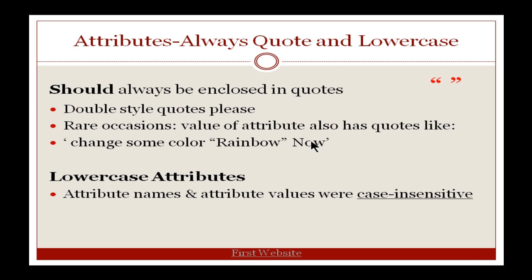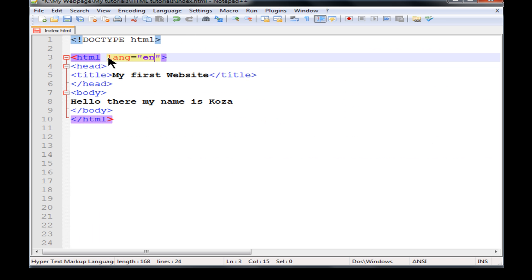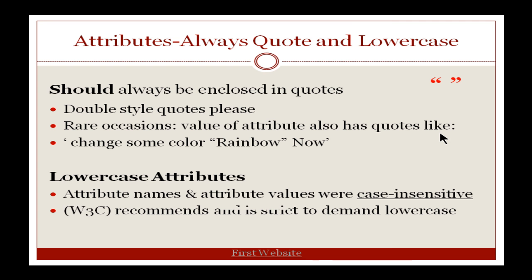So before, in HTML4, the attribute names and attribute values were case insensitive. So this in red here, which is my attribute line, it could have been all caps and it would have worked. But why don't we do that now? Well, the World Wide Web Consortium, which I have mentioned before, they recommend and are kind of strict now about demanding lowercase.